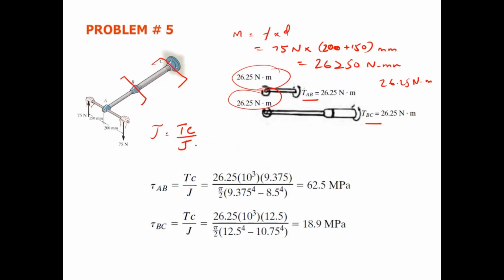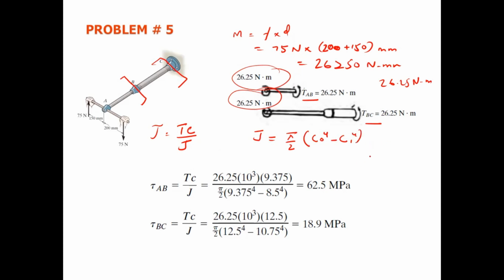So C is given. How do we calculate C? I'll let you know. And how do we calculate J? For J, the formula is simple. For the J, pi by 2 times C outer to the 4 minus C inner to the 4. This is the formula for J.